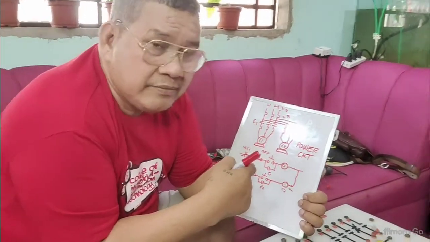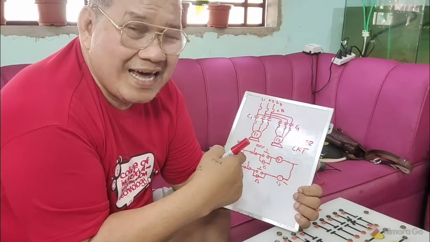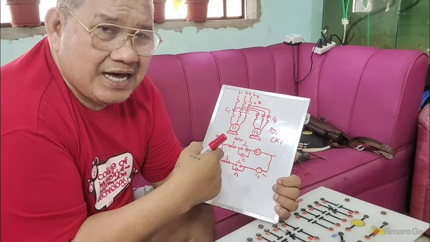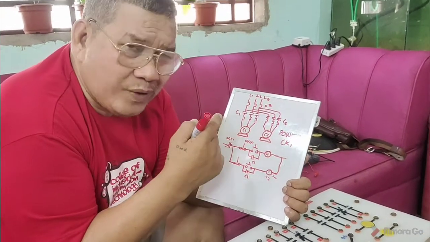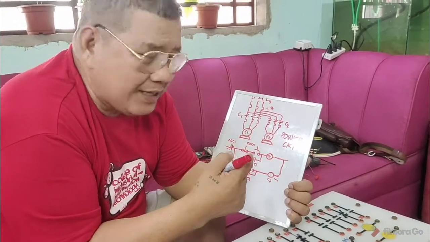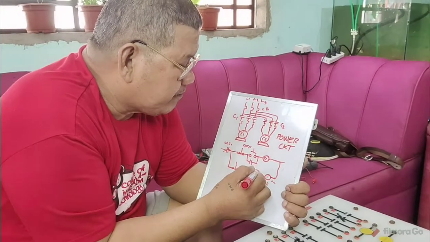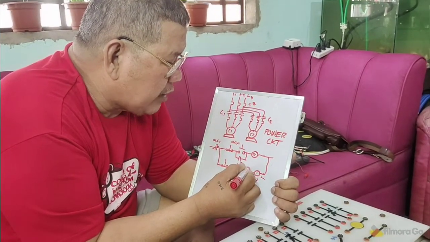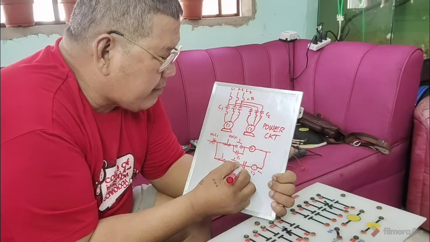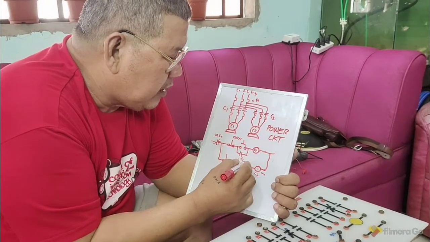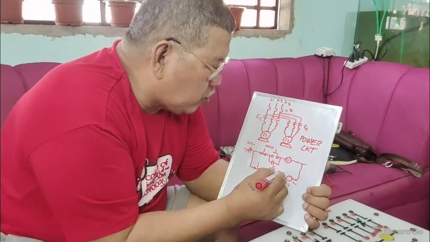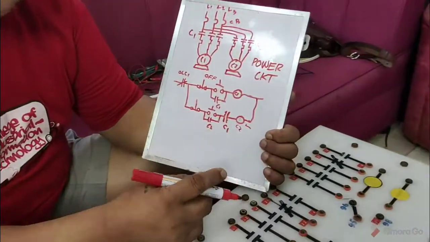So of course, this time, you will utilize an auxiliary contact, normally closed. And where will you get this contact? Coming from a normally open contact from conveyor number 1. So look at this, that is an interlock.